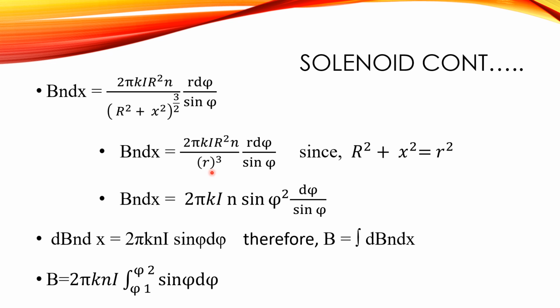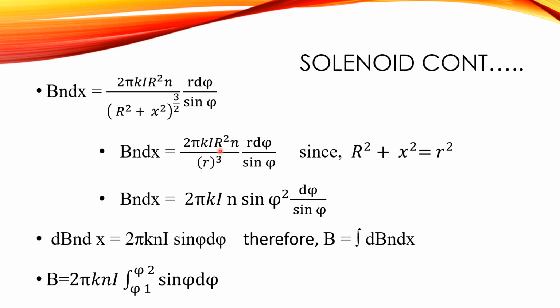So the equation becomes 2πk i n sin² phi d phi by sin phi, since this r² we have taken, and this R, so that comes out to be R³.